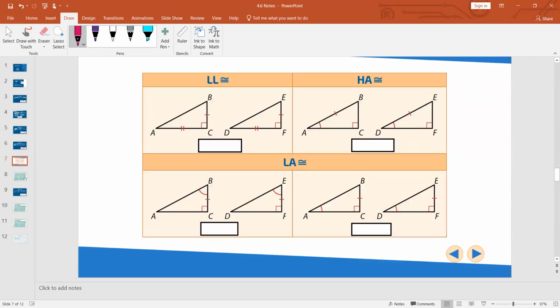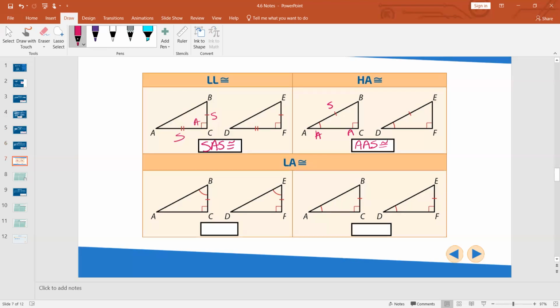All right, so let's look at this. You've got a little table of these. So leg-leg, as we've already discussed, is a side-angle-side congruency. So I'm going to write that. It's just a variation of the side-angle-side. The hypotenuse-angle is angle, angle, side. So that one is a version of the angle-angle-side theorem.